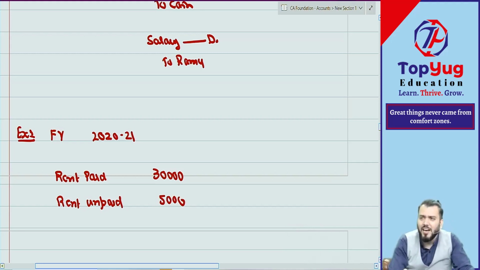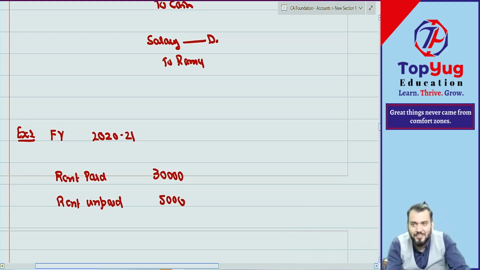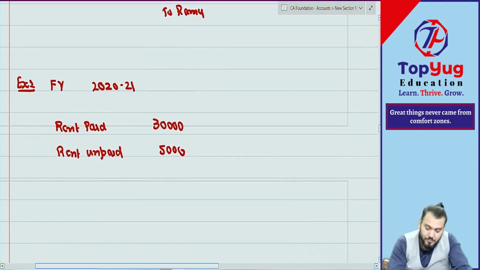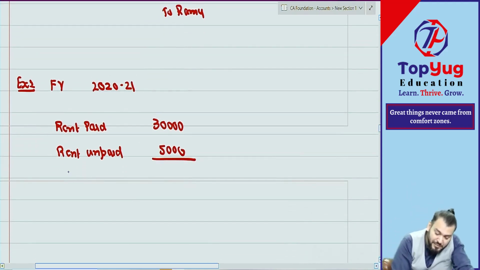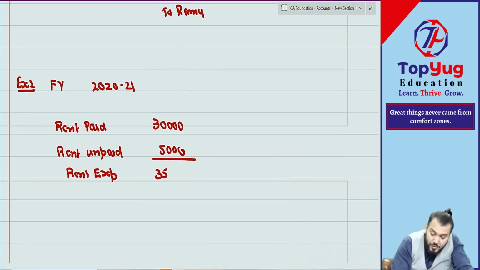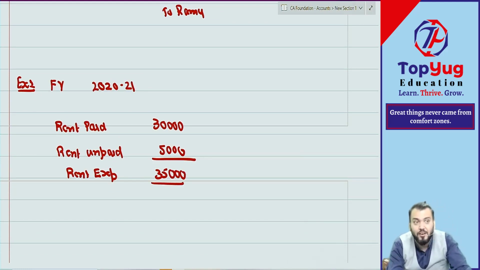Understood? Unpaid means payable, not paid in this year. When it will be paid, we don't know. But it is an expense of this year. So what is the total expense? Rent expense is 35,000. So what amount will come in SOPL? 30,000 or 35,000? 35,000. Correct.